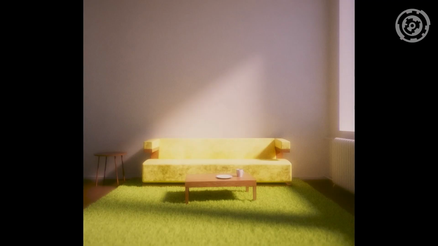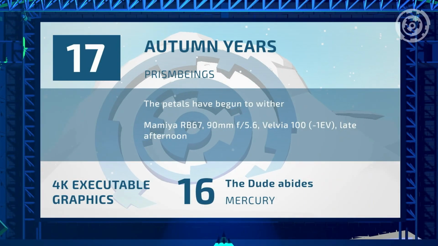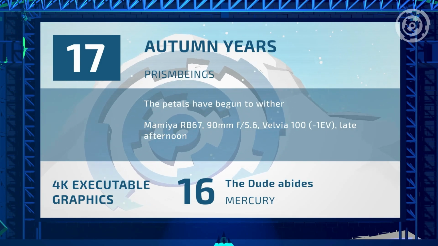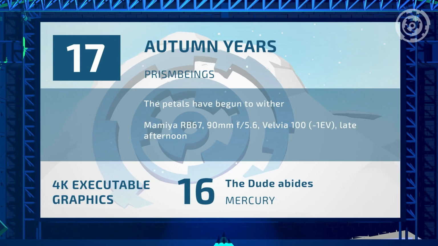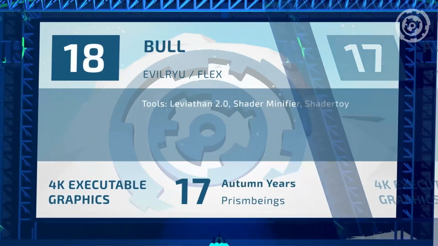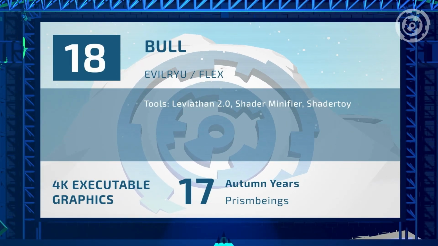I was thinking plush rug, but it's interesting because with this blur on it, it's not exactly plush, but it gives the impression of plush. Yeah, entry number 17 by Prismbeings there.